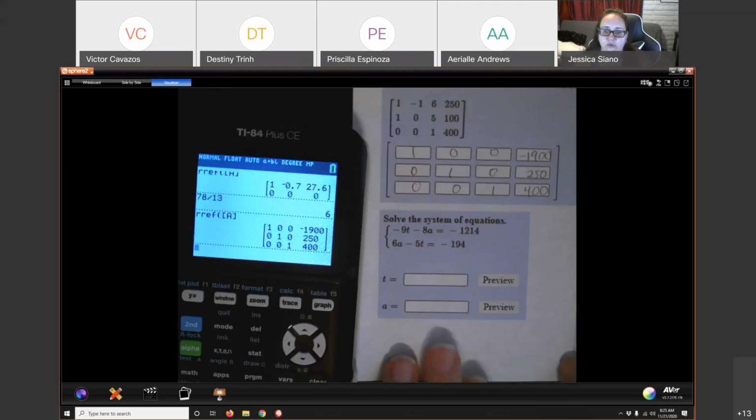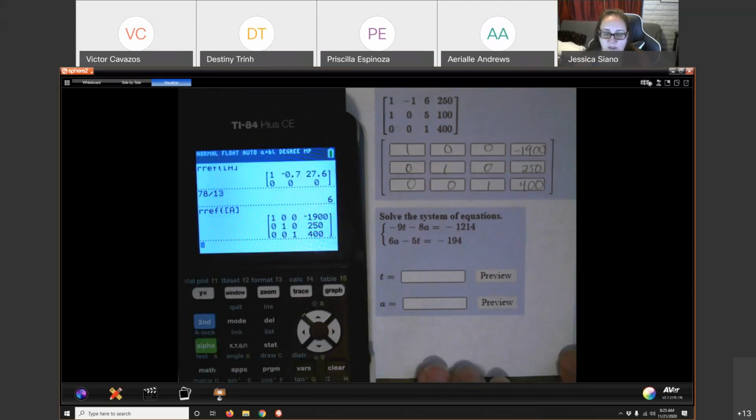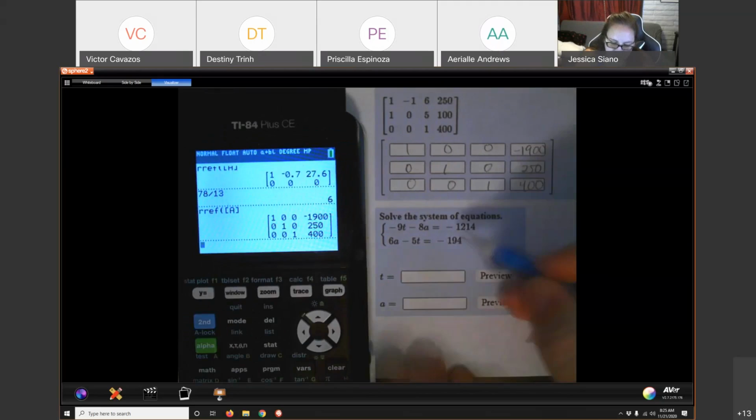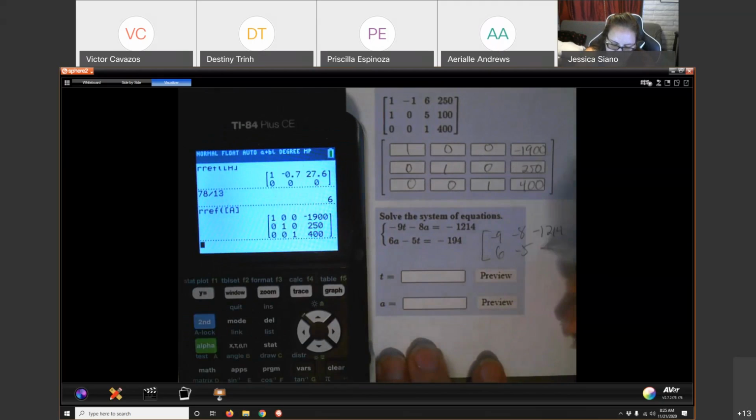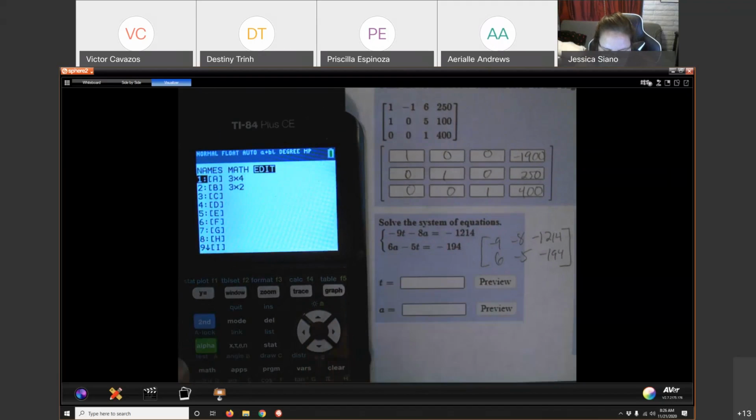Okay. So reduced row echelon form will solve a system for me. So I'm going to take this system and I'm going to turn it into an augmented matrix. -9, -8, -12, 14, 6, -5, -194. And then I'm going to do matrix over to edit.